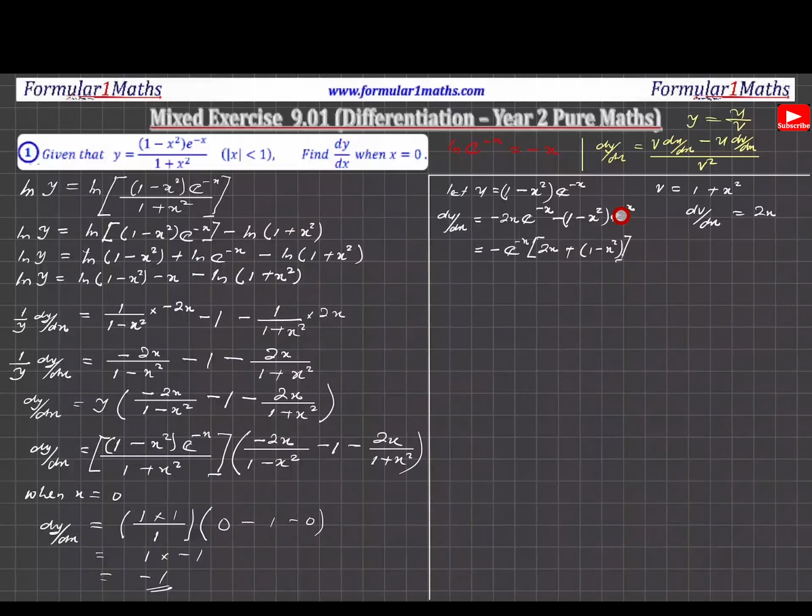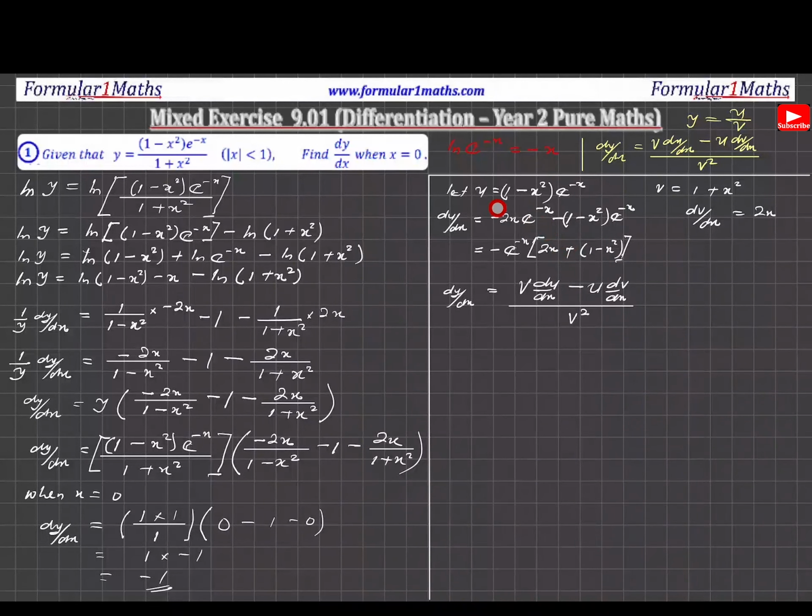And so now I can go and apply this rule here. dy dx is equal to v du dx minus u dv dx, all of that over v squared. But v is this, and du dx has been simplified to that.